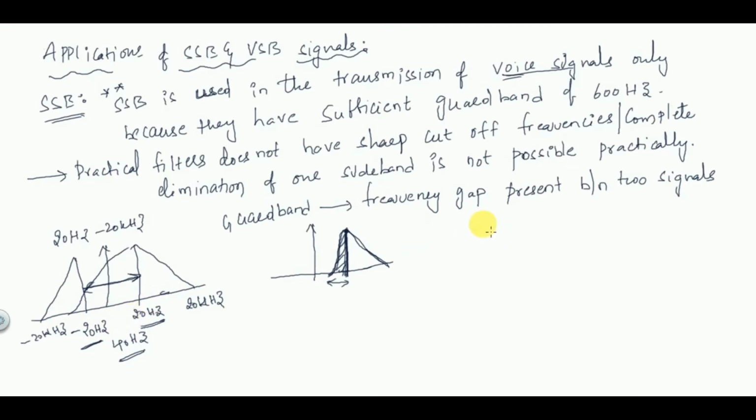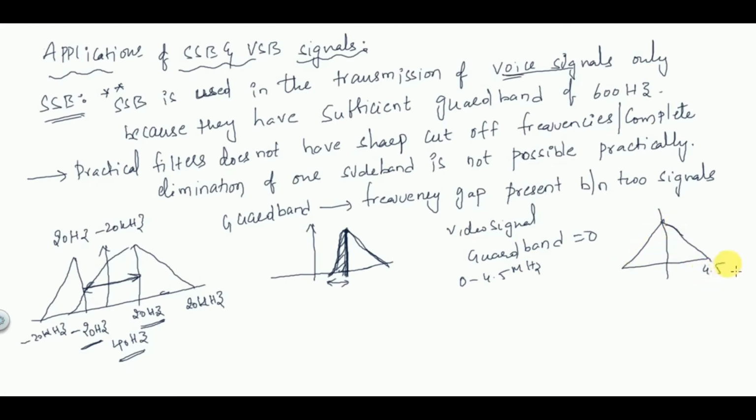Okay, so in the case of video signal, the guard band is 0, so there is no guard band present actually. Okay, so guard band is going to be 0 because its range is from 0 to 4.5 megahertz. Okay, so if you draw the spectrum also, it will be like this.